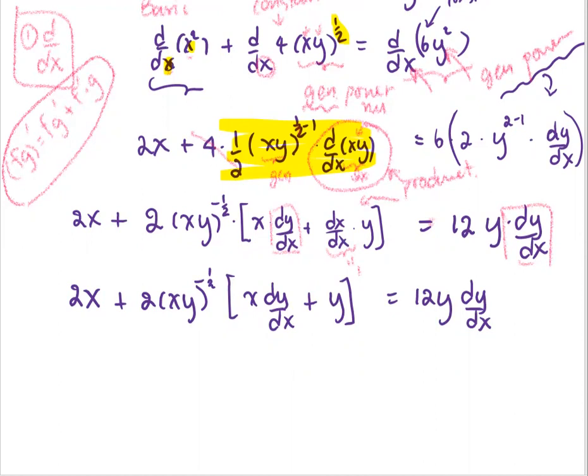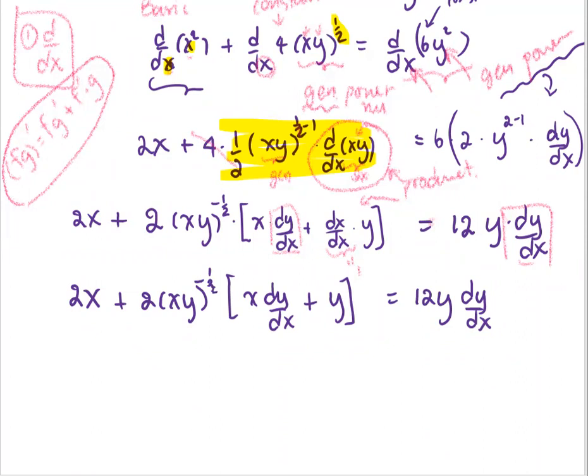So the next step, you have to ungroup everything to see individual terms. So right now we have the product of the 2 and the quantity to the power negative 1 half and the quantity in the bracket. You cannot leave it in the bracket. You have to expand until you see individual terms.